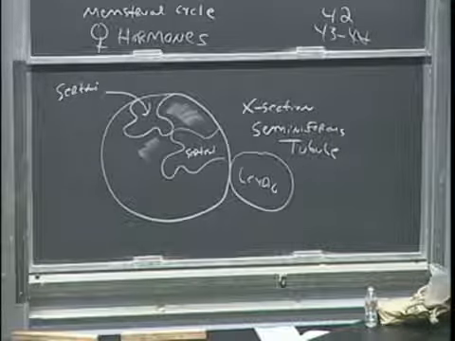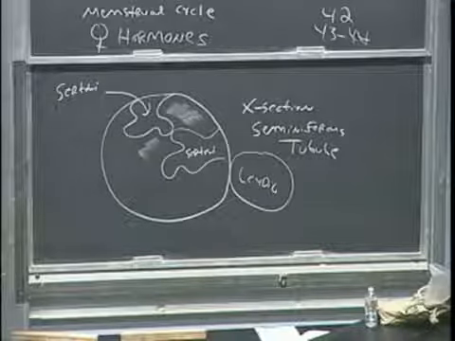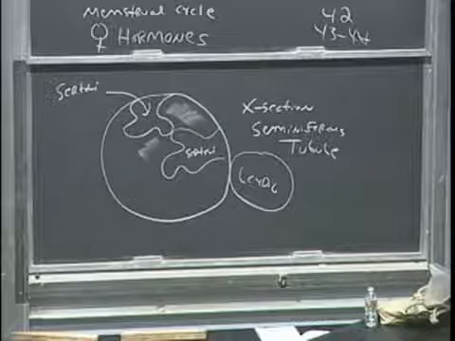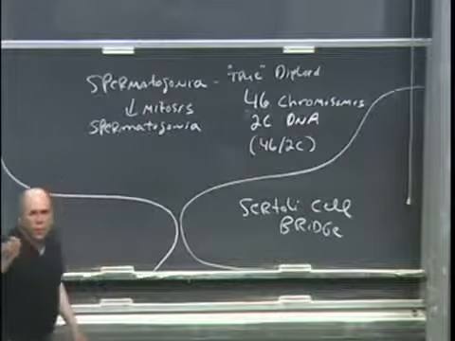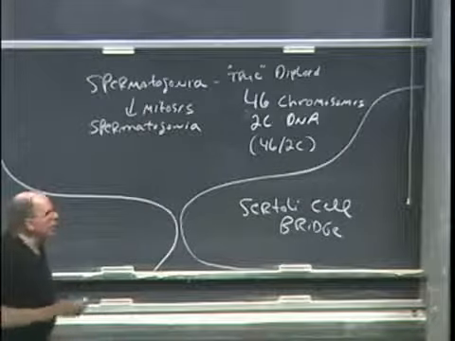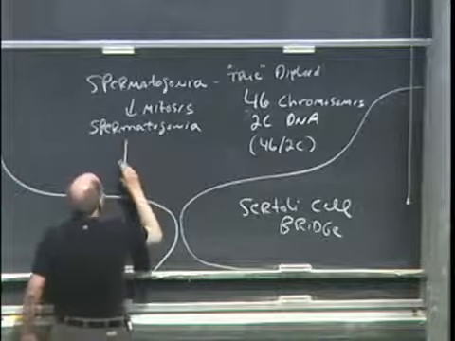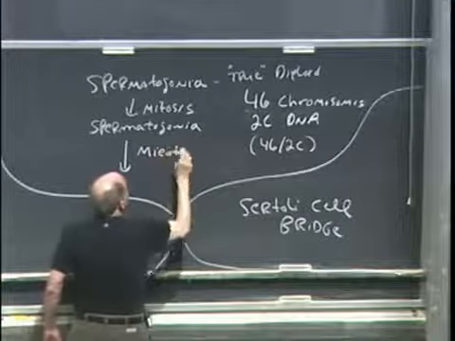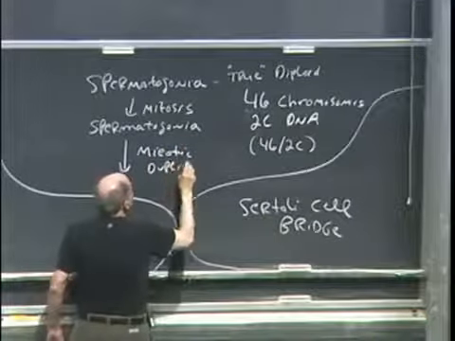So half the DNA, half the chromosomes. But it does it in a slightly different way. What happens is, it's not really clear exactly which spermatogonia undergo this step, but the next step in the process is the meiotic duplication of the DNA.